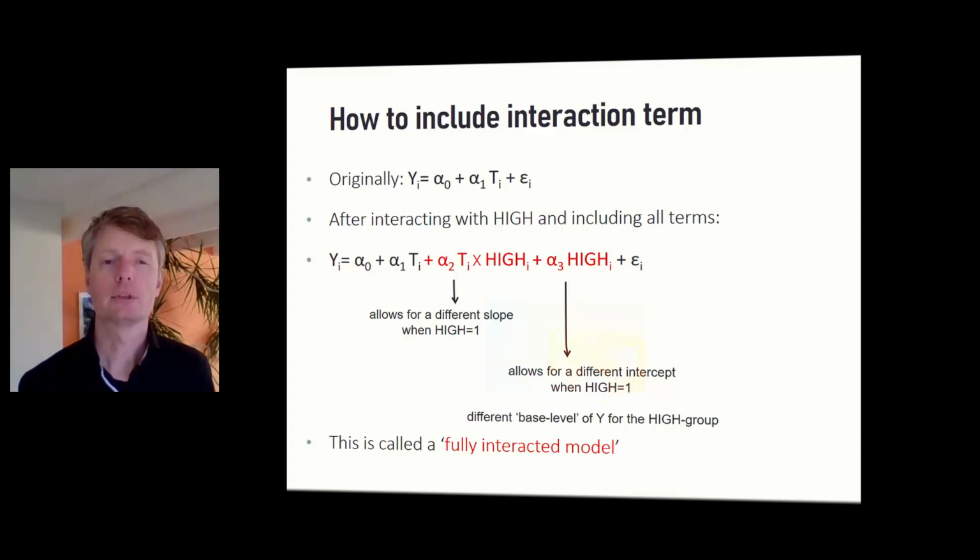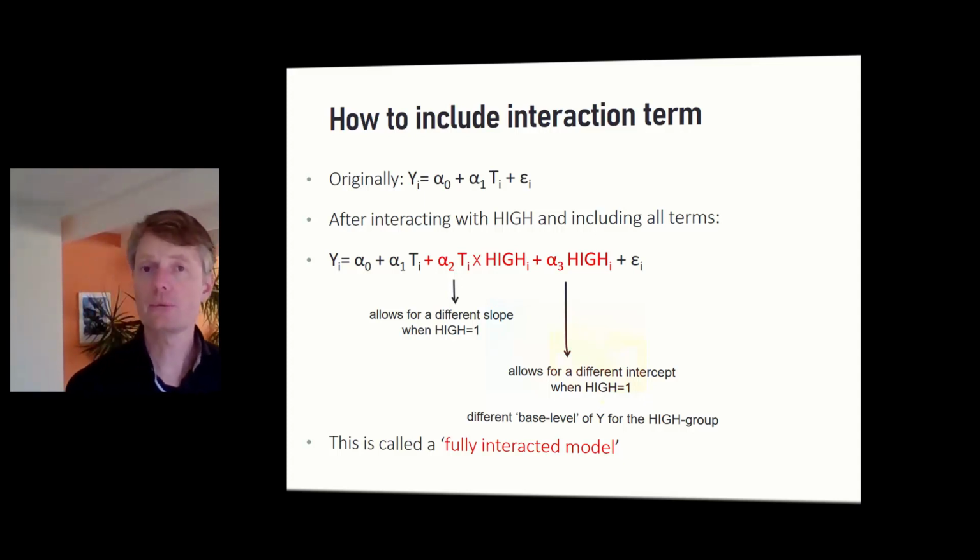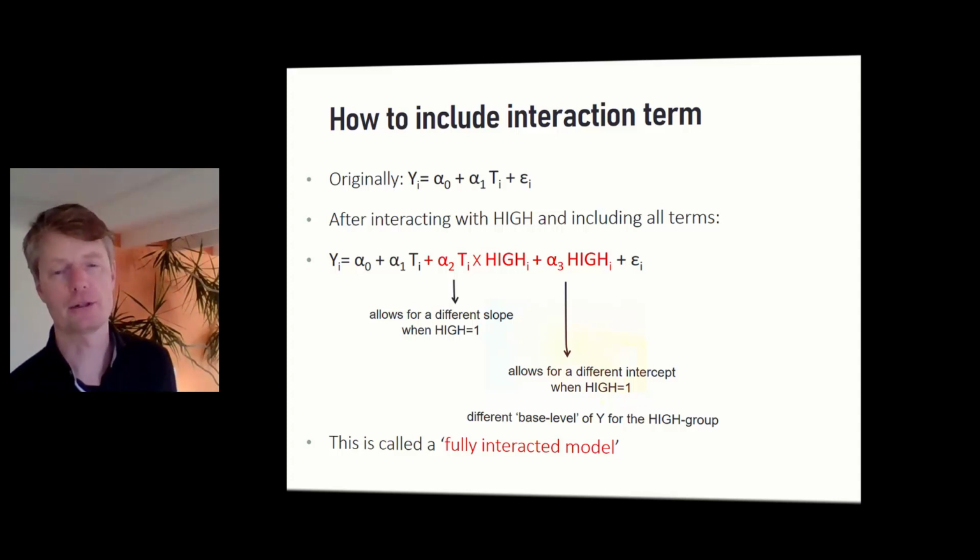Additional terms are alpha 2 times T times high plus alpha 3 times high. The latter allows for a different intercept, and the first one allows for a different slope. The alpha 2 shows whether the treatment effect is different for people in the high group relative to the people in the high is 0 group. This is the so-called fully interacted model.